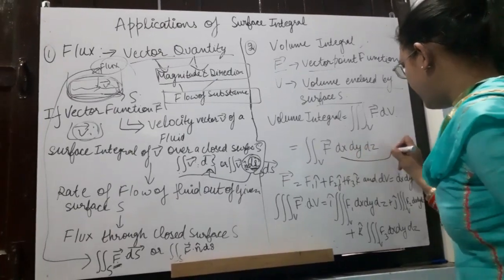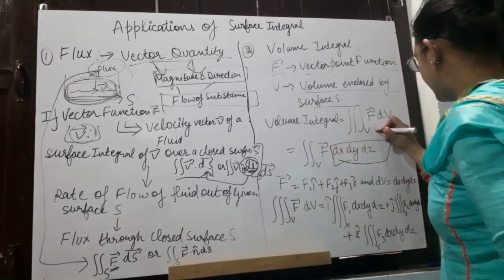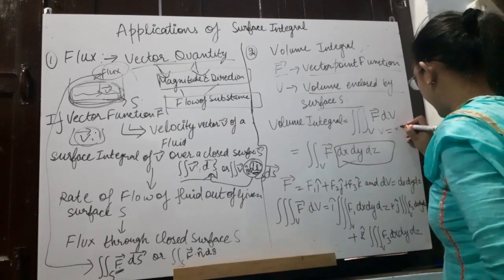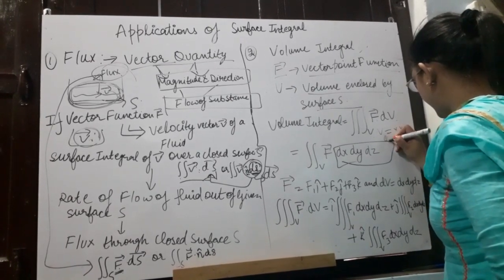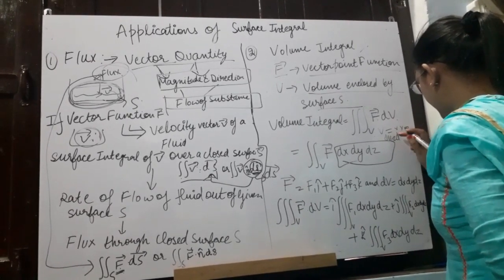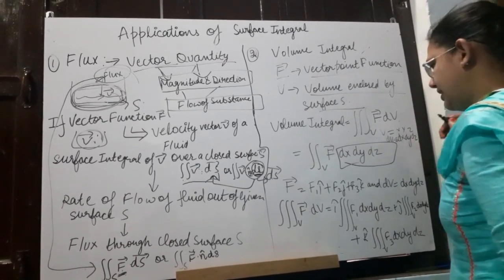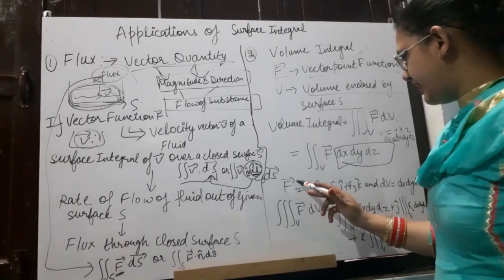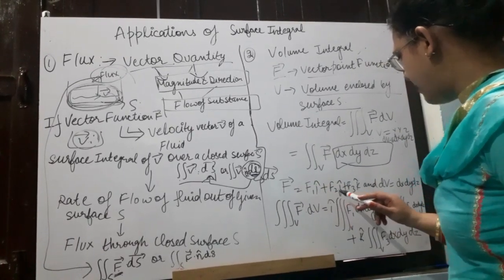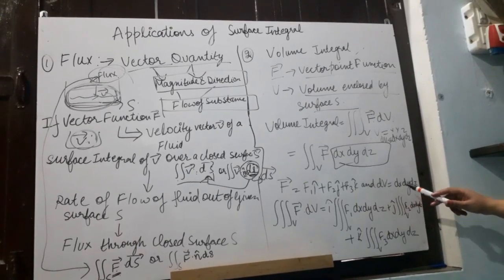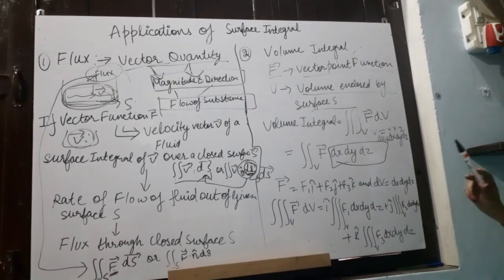Now, V is in terms of x, y, z, so dv equals dx dy dz. Our f vector is f1 i cap plus f2 j cap plus f3 k cap, and dv equals dx dy dz.